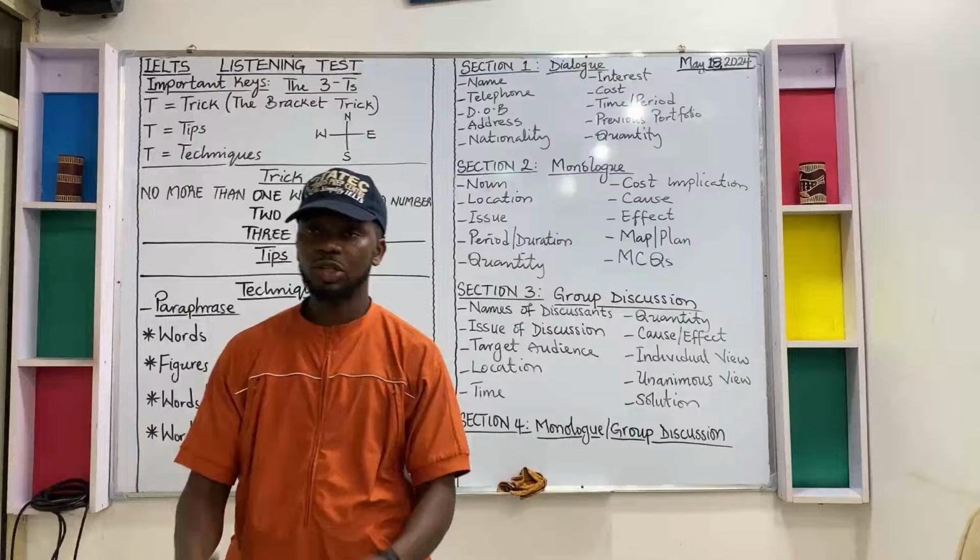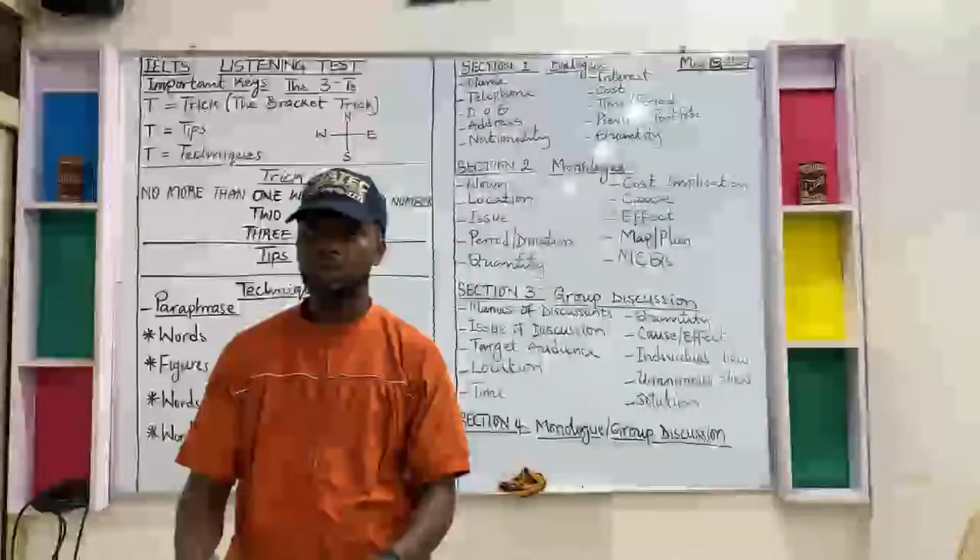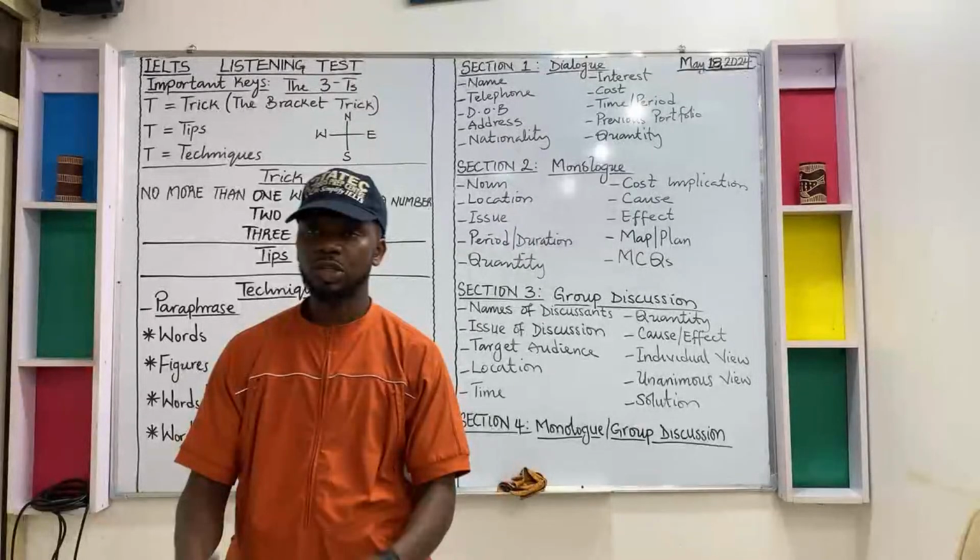Don't read the questions 31 to 40. If you try to read the questions 31 to 40, by the time you get to 35, the audio will begin, and you may not have time to go through what is in 36 to 40. By implication, you have no idea what to expect in questions 36 to 40.